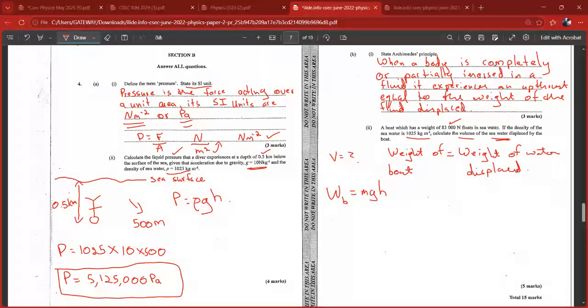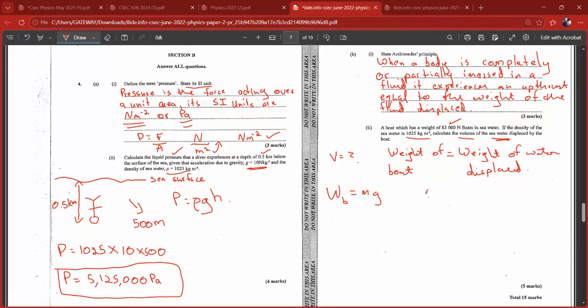That is the weight of the water displaced. Actually, no. Weight is equal to mass by gravity, right? Mass by gravity. That's weight.